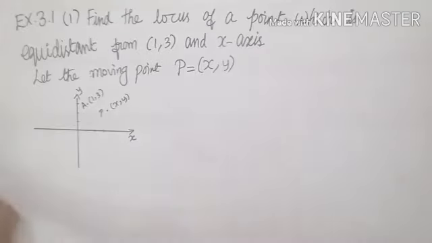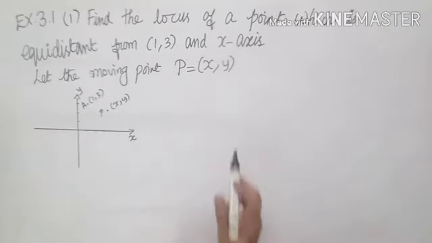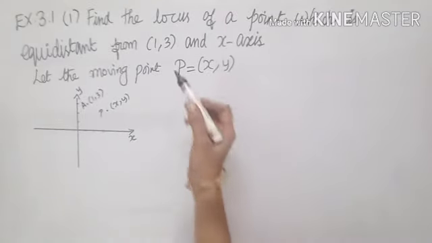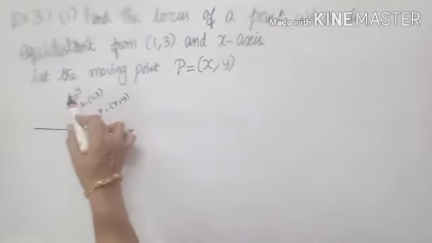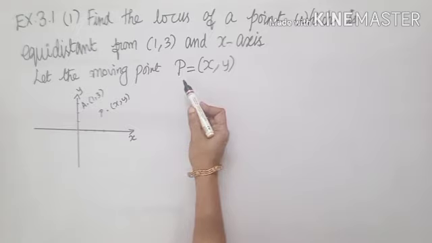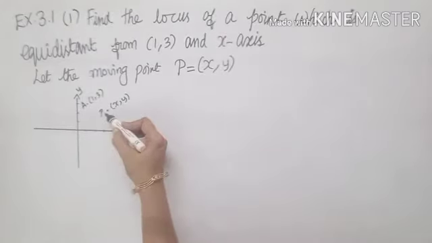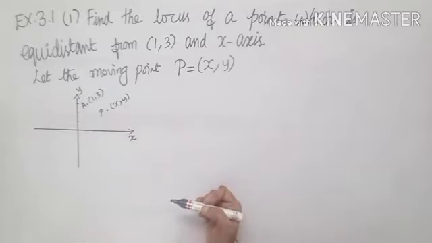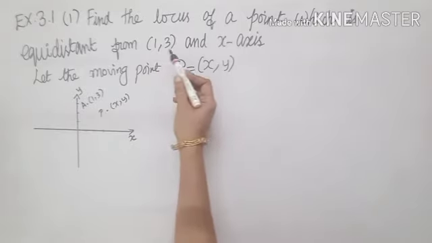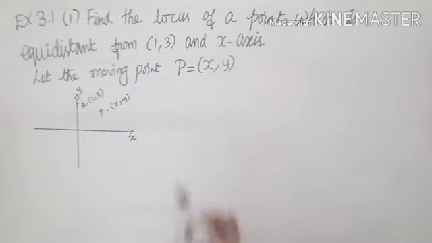Exercise 3.1, question number 1. Find the locus of a point which is equidistant from (1, 3) and the x-axis. In all the locus problems, let us consider the moving point to be capital P, which takes the coordinates x, y. Just a moving point we have marked. Distance from (1, 3): mark (1, 3) and the x-axis.